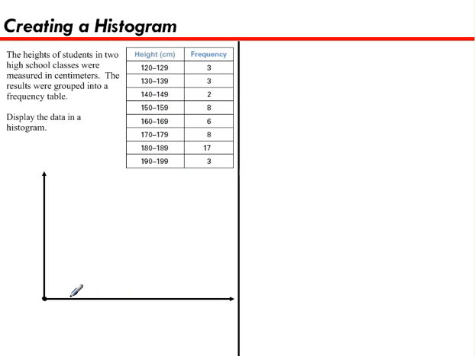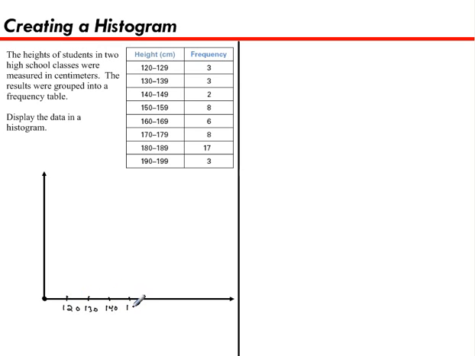So let's record each interval on the X axis. We'll start at 120 and we'll go up by 10 each time. So the next one will be 130. Then 140, and I'm trying to keep the dashes equally spaced as best as possible.